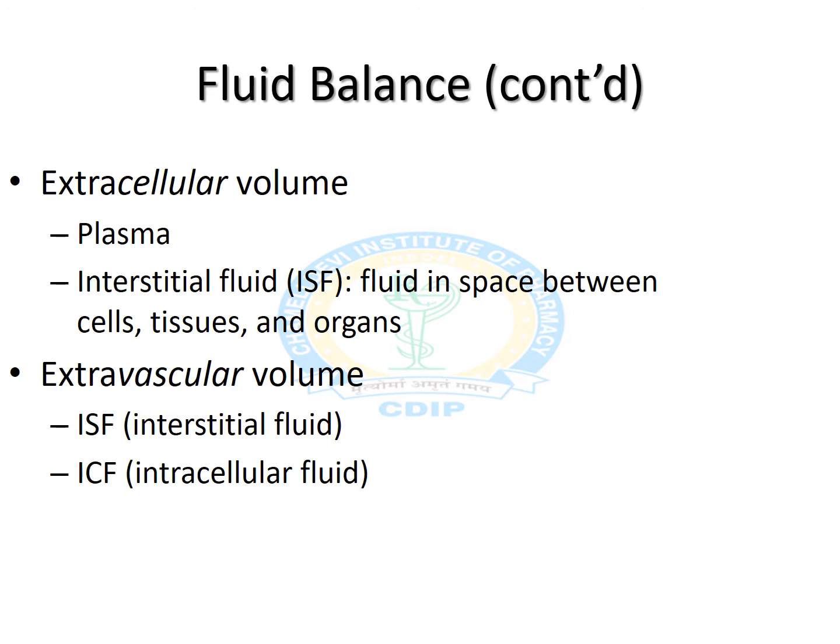Extracellular fluid also comprises plasma and interstitial fluid, the fluid which is present in the space between the cells, tissues, or the organs. And extravascular volume is interstitial fluid and intracellular fluid, the total volume present in the body.